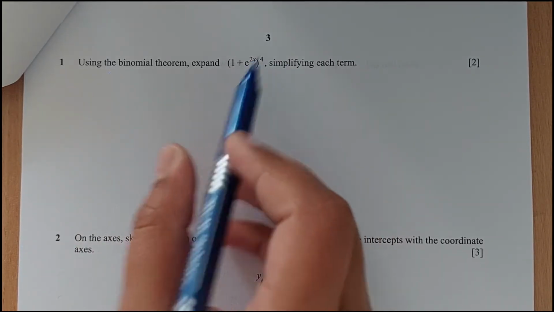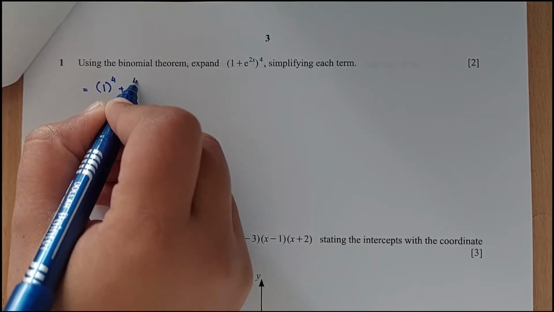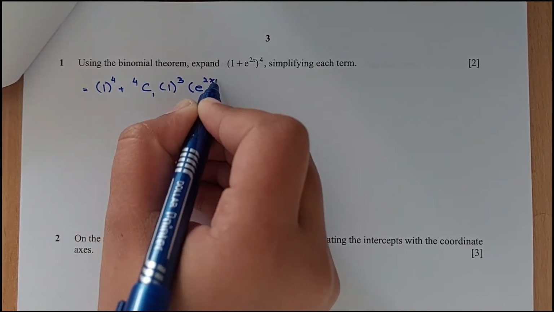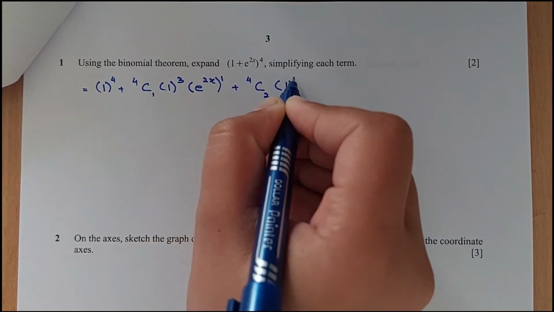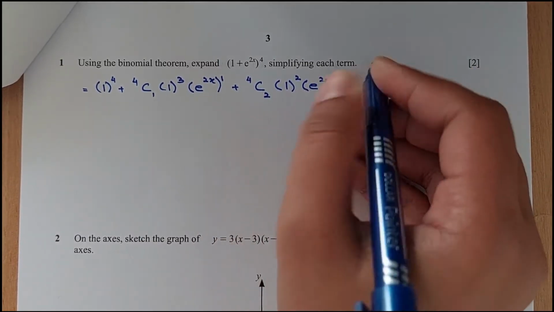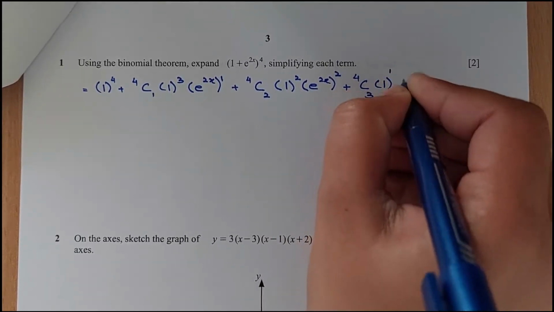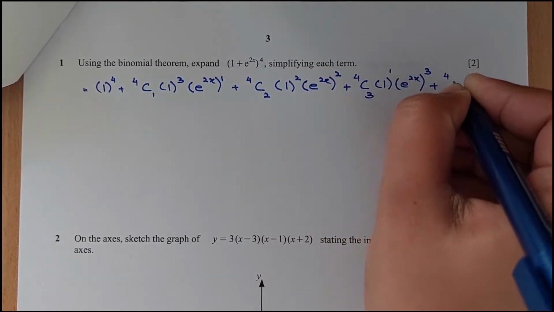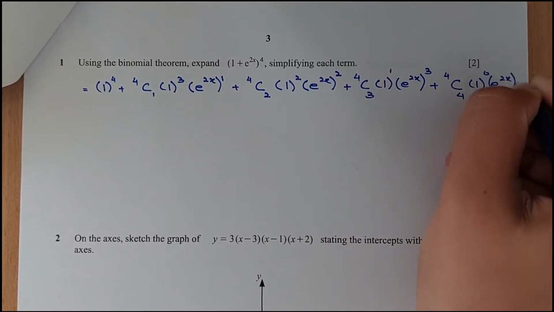So the power is 4, so we can say that this is 1 power 4 plus 4C1, 1 power 3, the second term e power 2x power 1, plus 4C2, 1 power is again reducing by 1, that is 2, and e power 2x power increasing by 1, that is 2, plus 4C3, 1 power is 1 and e power 2x power is 3, plus 4C4, 1 power is 0 and e power 2x power is 4.